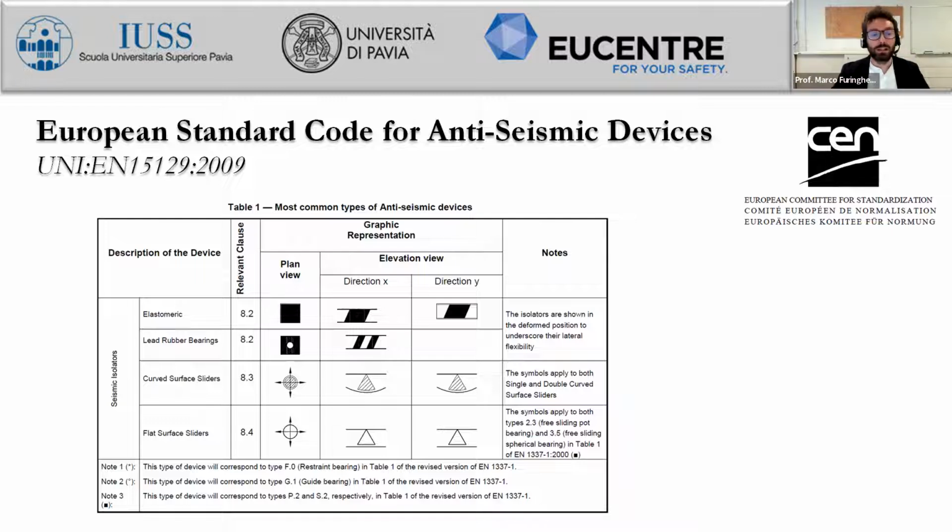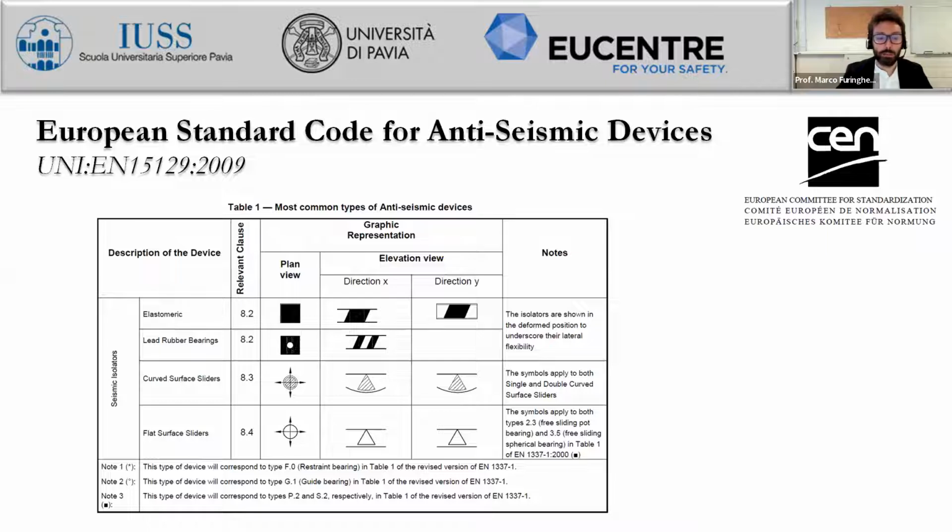So all the isolators which have been considered by the European Standard Code are actually the same that we have discussed. You can see the elastomeric bearings, which are divided into purely elastomeric, so rubber bearings, and lead rubber bearings. But as you can see, both of them are related to the same paragraph of the standard code.